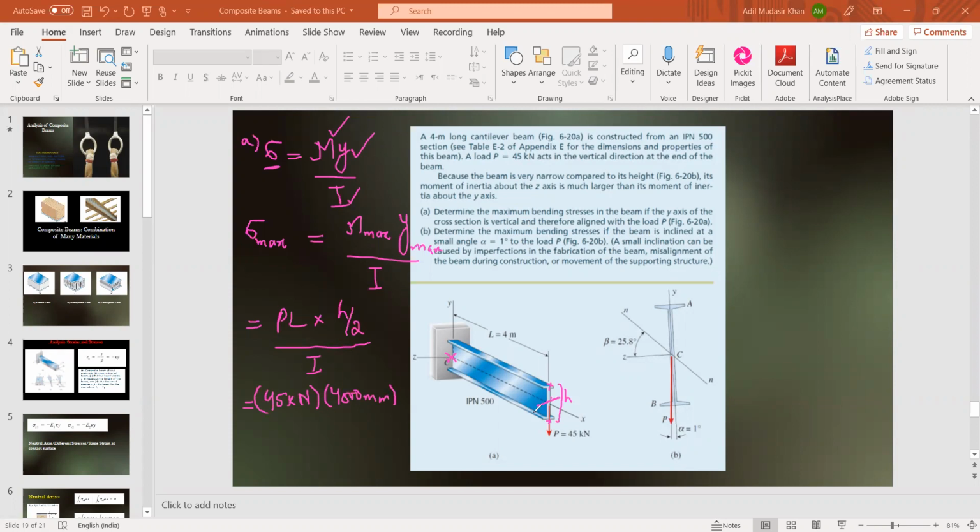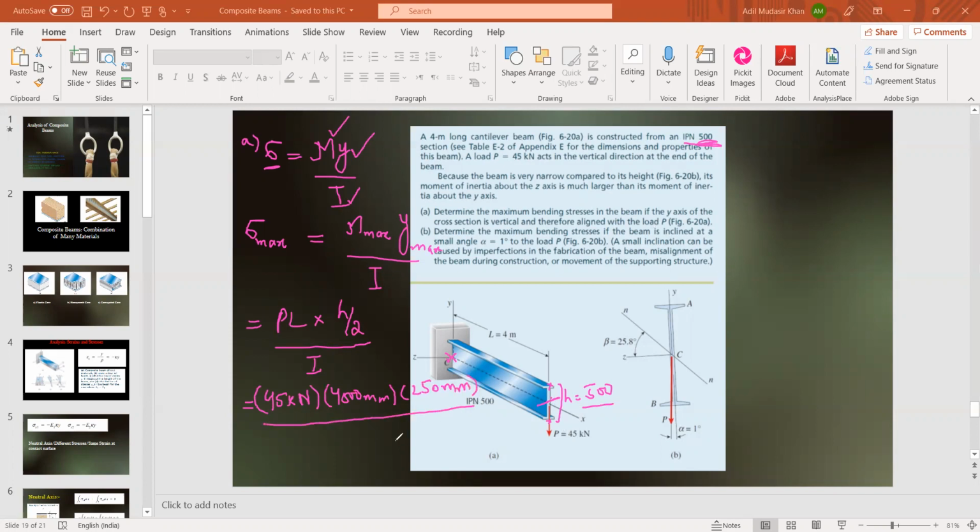As far as the total height is concerned, for an IPN section you should always remember, this height is total 500 mm. This is already given to us, as it's given here, IPN 500. IPN 500 section means that its total depth is 500 mm. So we'll write here H by 2 is 250 mm.